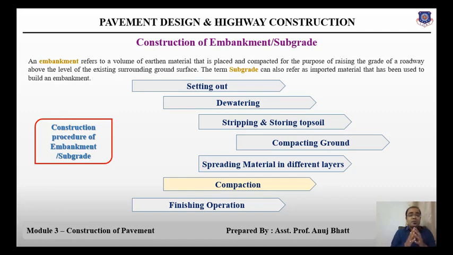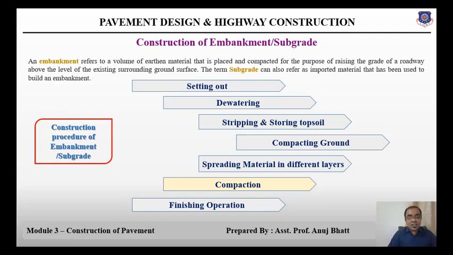Based on the trial, actual compaction will be carried out with the required number of passes of the soil compactor until the specified density is achieved. The rolling shall progress parallel to the center line of the road, uniformly overlapping each preceding track by 1/3 of the width.